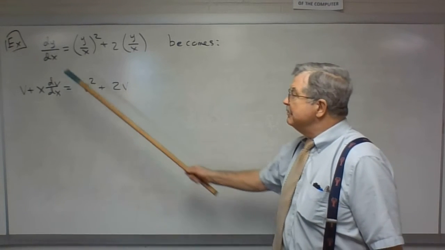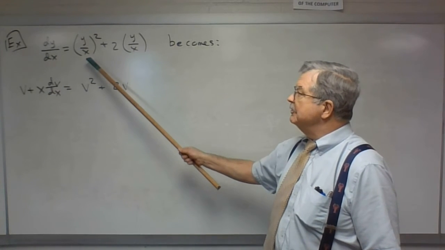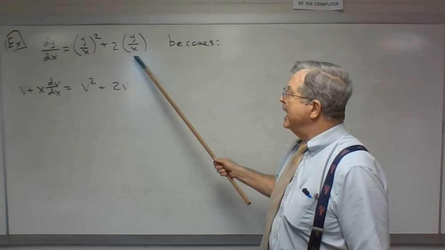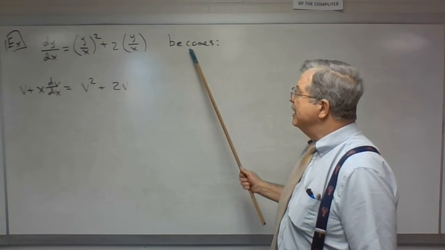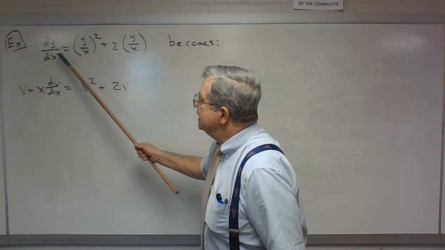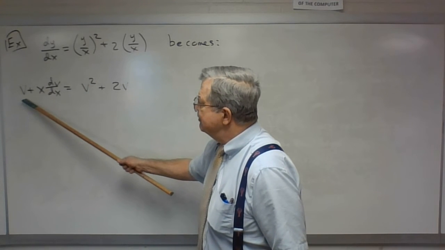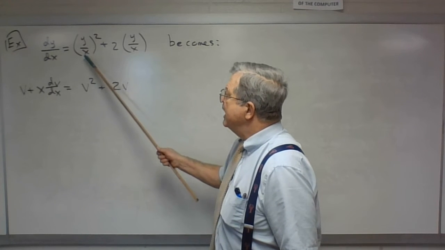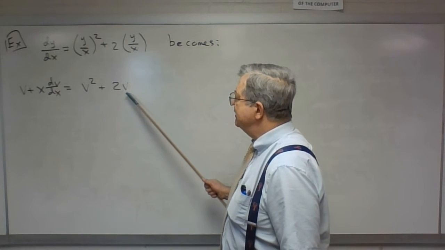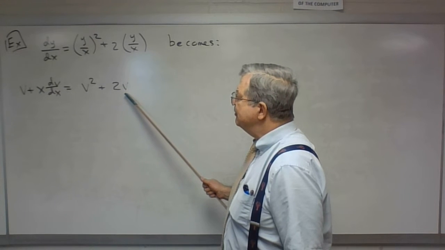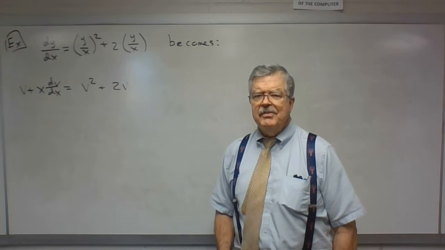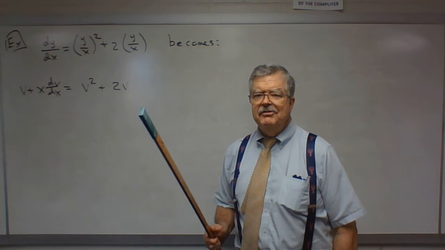Our equation dy/dx equals y over x quantity squared plus 2y over x becomes, let's see, for dy/dx we substitute v plus x dv/dx, and for y over x we substitute v. So this is the new equation. And I claim that this can be separated.